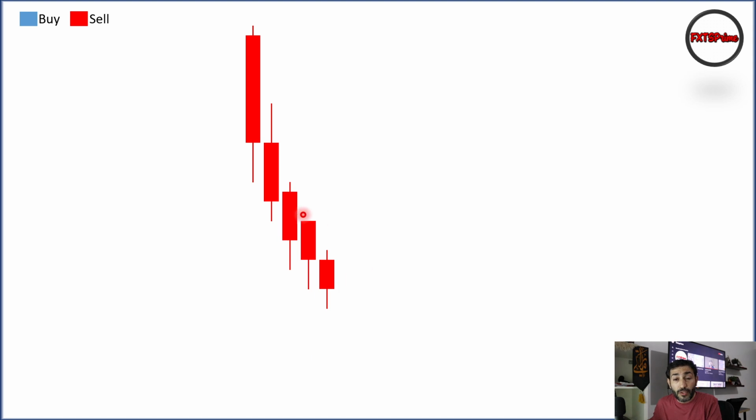So now let's go to the buy scenario. The bid line is the line on the bottom and the ask line is the line on the top. So the bid price is on the bottom and the ask price on the top. Keep this in mind. It is always like that.